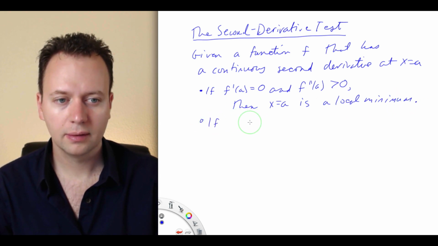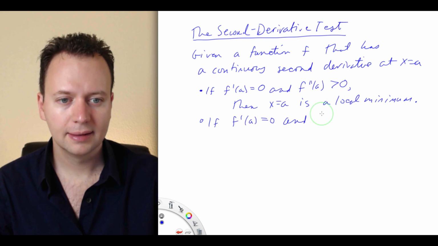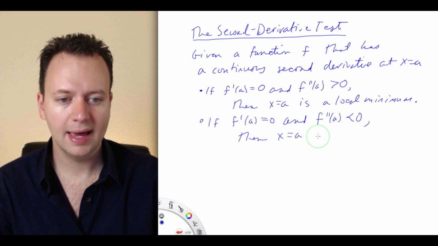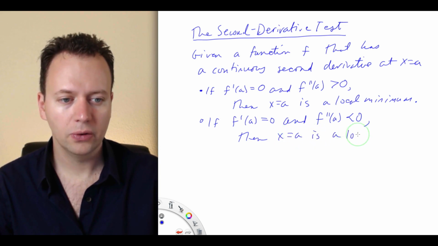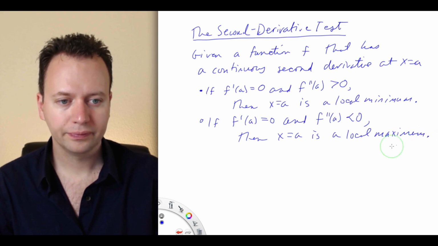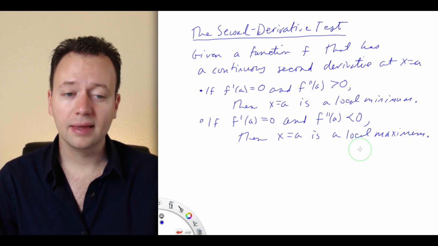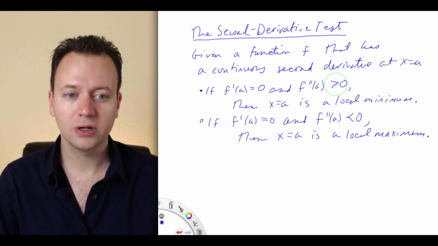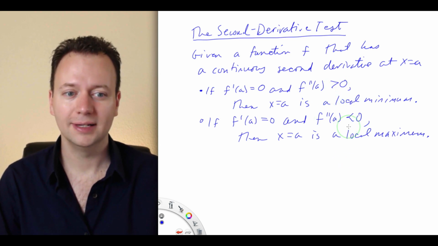If f prime of a is equal to 0 and f double prime of a is less than 0, then x equals a is a local maximum. The case in which there's no information is if the second derivative is equal to 0.